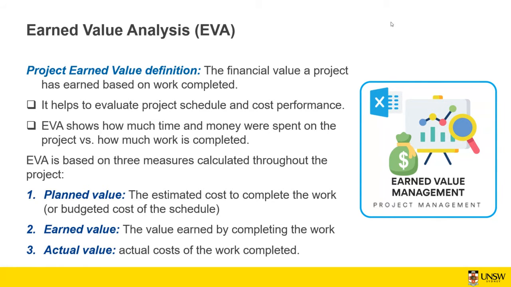For example, is it going to be over budget by the time the project is complete, or is it going to have large delays in completion of the project? So earned value analysis is a tool that you can use as a project manager during project execution in order to monitor how the project is going so far.